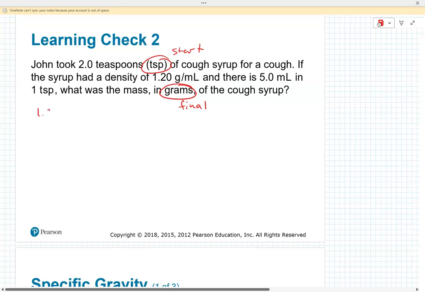Grams per mil. Exactly. And 5 ml per teaspoon. Okay? So we start with 2 teaspoons. Okay? Sounds good? Which conversion factor should I use first, left or right?